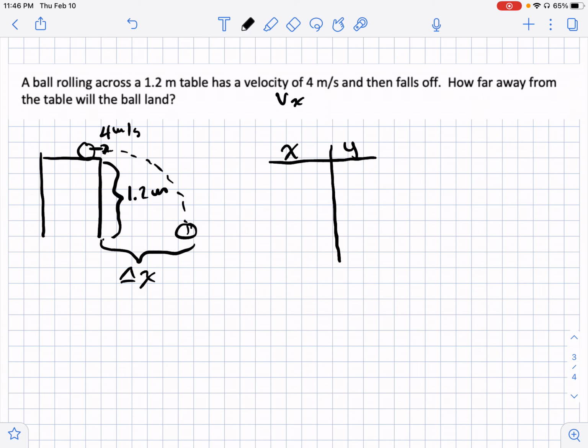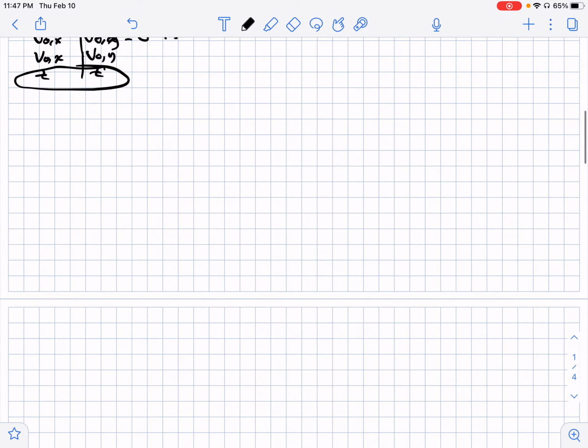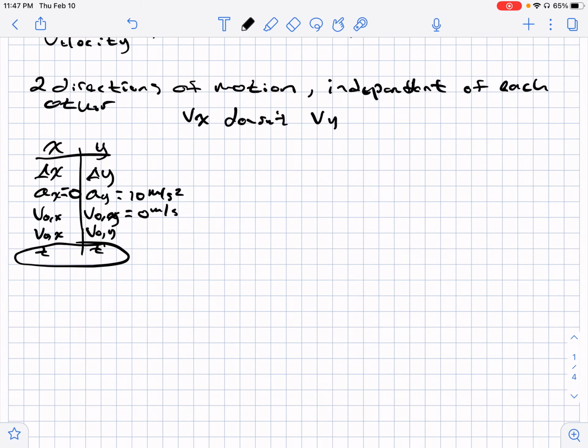And let's write down all of our given information. So we know that our Vx, the initial velocity in the x direction, is equal to 4 meters per second. And we also know that the height of our table is going to be 1.2 meters. Then we go back and think of those three things that we said are always the case for an object that's moving in horizontal projectile motion.